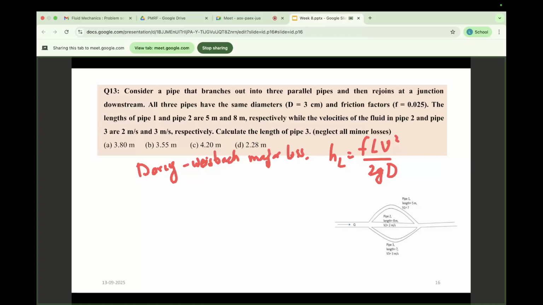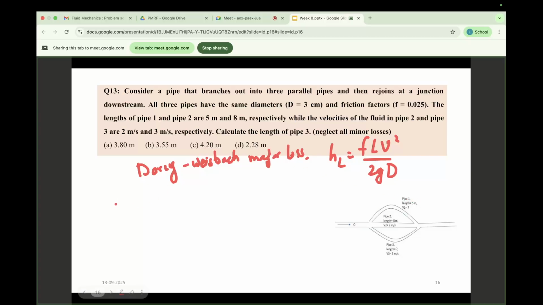Now in this question, all the three pipes have the same diameter and the friction factor is also the same. So what I know, for any type of parallel flow like this problem, the main thing is that the head loss should be equal in each one.